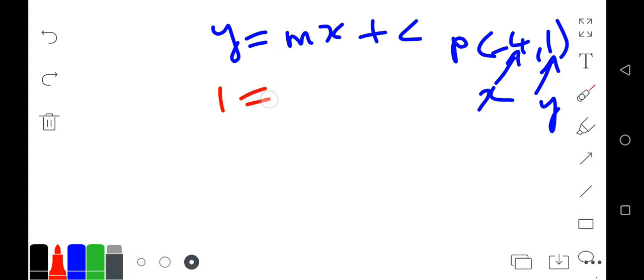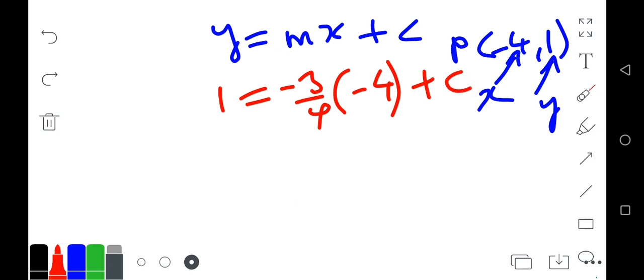So 1 equals, our m is found to be -3 over 4, and now open the bracket, the x is negative 4, and then plus c. And this one is 1 equals, this 4 goes, and this negative becomes positive.